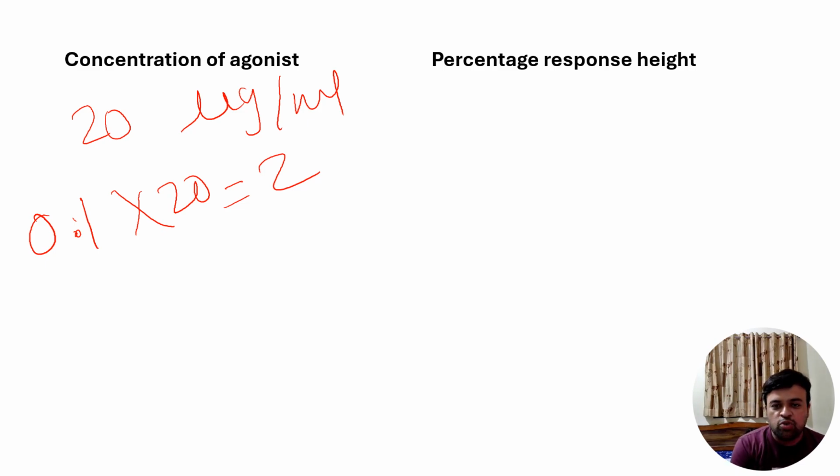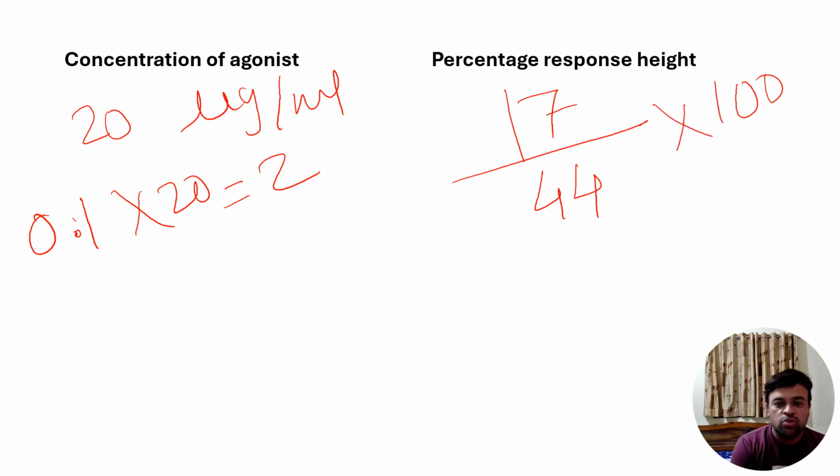Percent response height is simple. In the denominator you have to select the maximum response height as per the table, in this case I guess 44. If you are calculating it for 0.1, the response height was 17, so 17 divided by 44 into 100 will give you the percent response height.